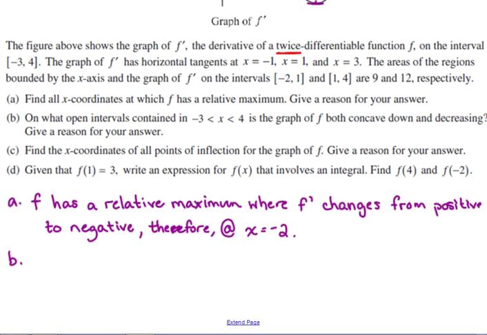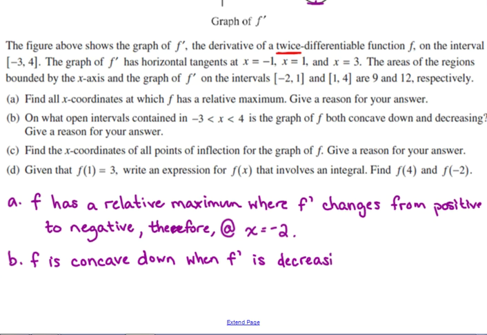Okay, part B. On what open intervals is the graph of f both concave down and decreasing? So again, I'm going to start with the reasoning. F is concave down when f prime is decreasing.